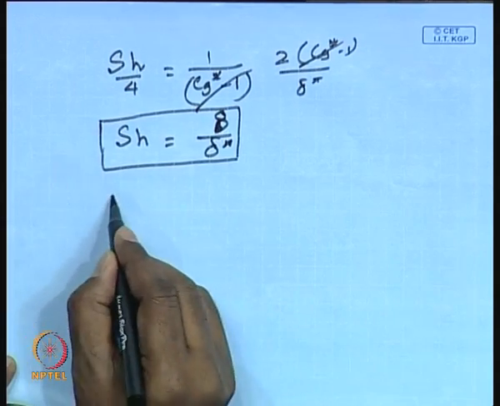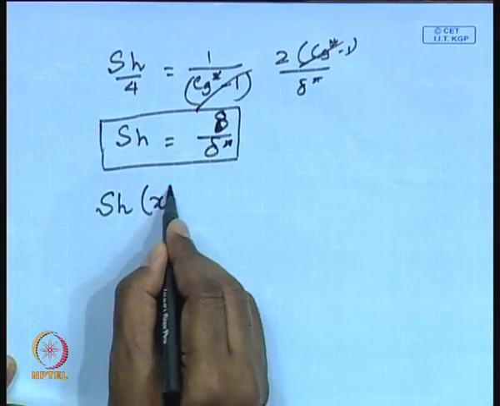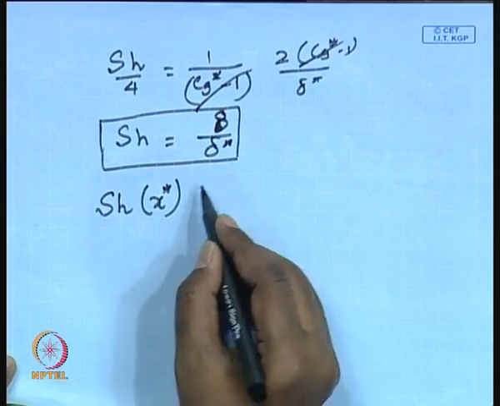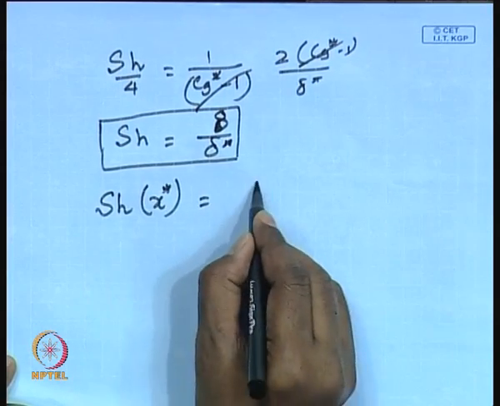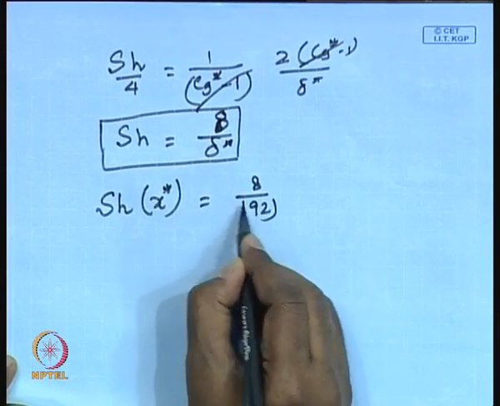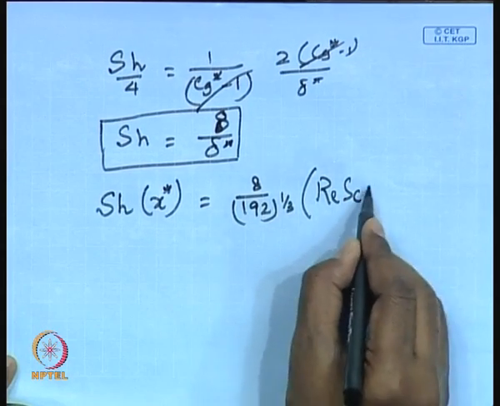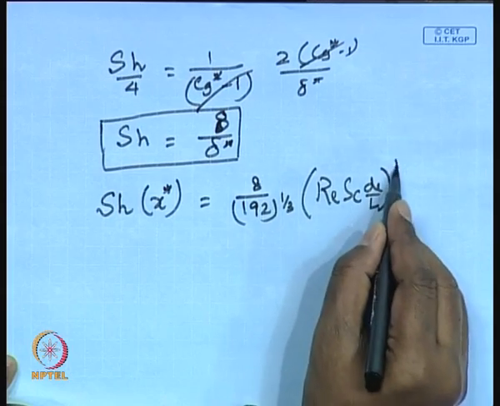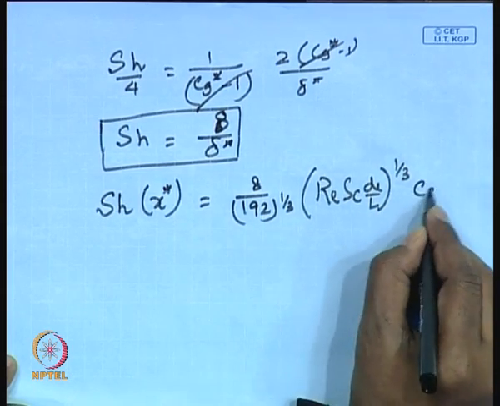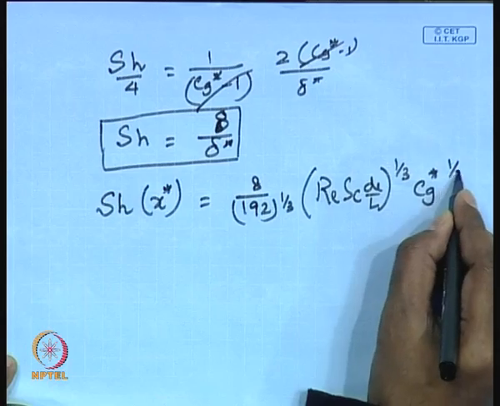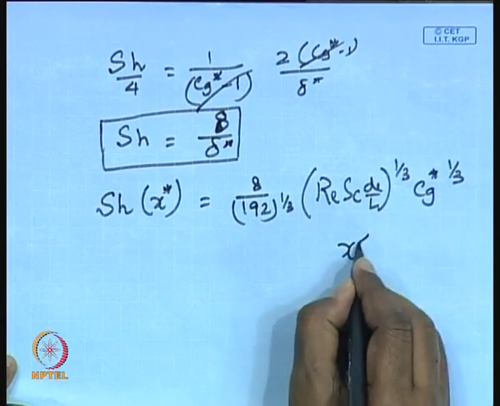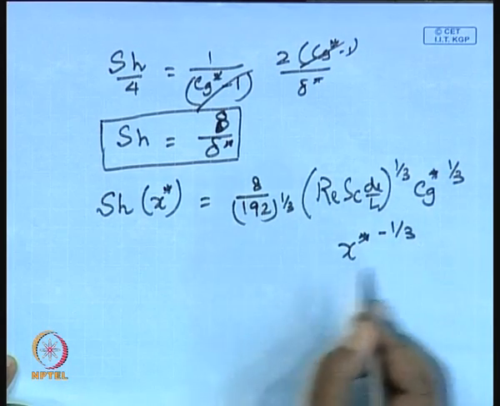If you do that, you will get a profile of Sherwood number as a function of x star, and this becomes 8 by 192 raised to the power 1 upon 3, Reynolds Schmidt d by L raised to the power 1 upon 3, Cg star to the power 1 upon 3, x star to the power minus 1 upon 3.